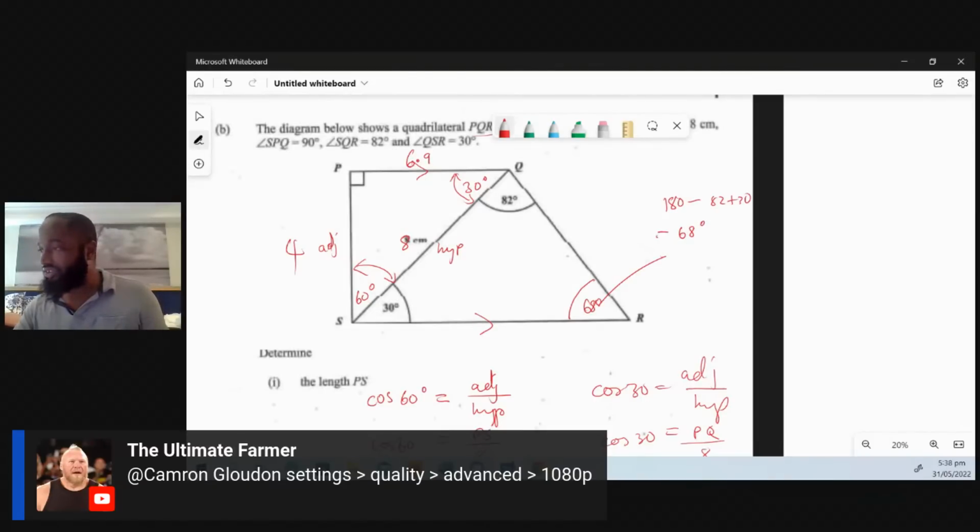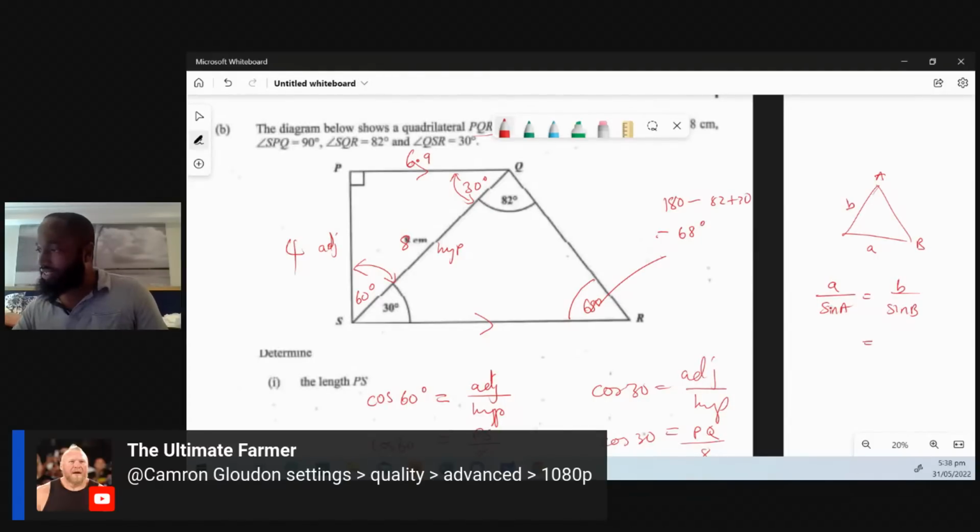And if this is 68 degrees, the sine rule works like this. This is A, this is B. Which one are you trying to find? This one, so let's make this A. We're trying to find this side. The sine rule says that A over the sine of A is equal to B over the sine of B. This is the way I want to write it.